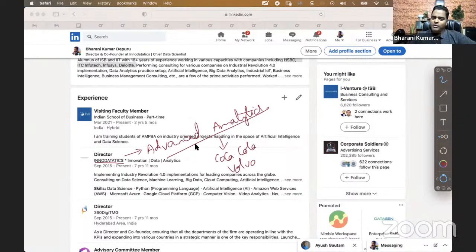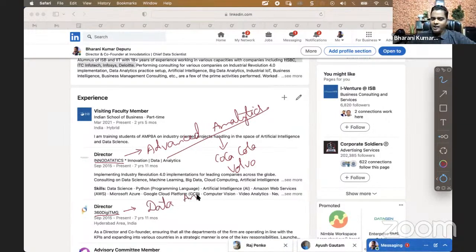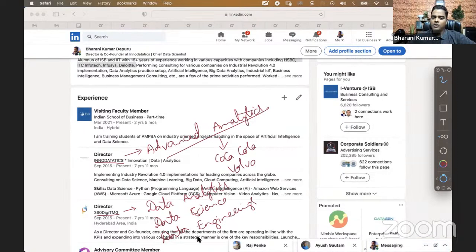Whenever we do projects for these clients, with client consent and by masking the data, we introduce those into our training curriculum, into 360DigiTMG. And we deliver only advanced analytics trainings. We deliver trainings on data analytics, data science, data engineering, and MLOps. And we do not offer trainings on any other program.